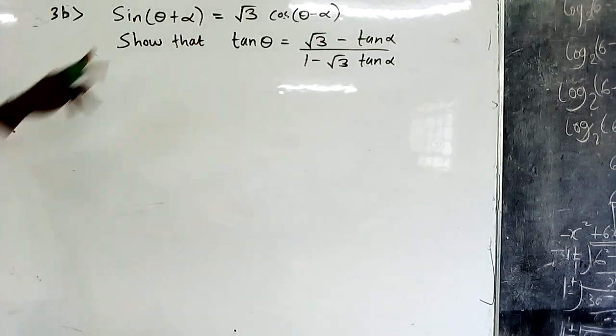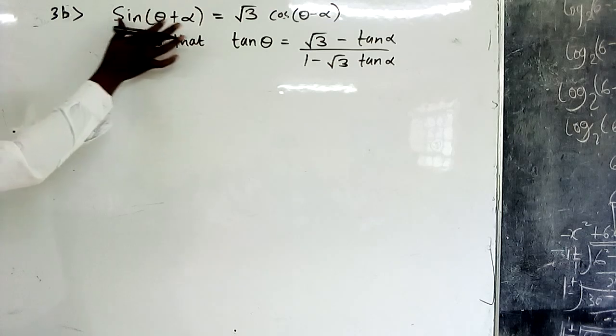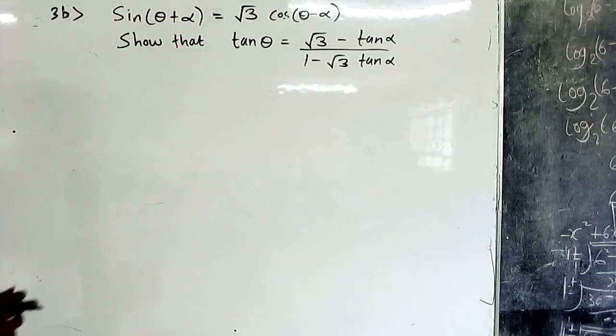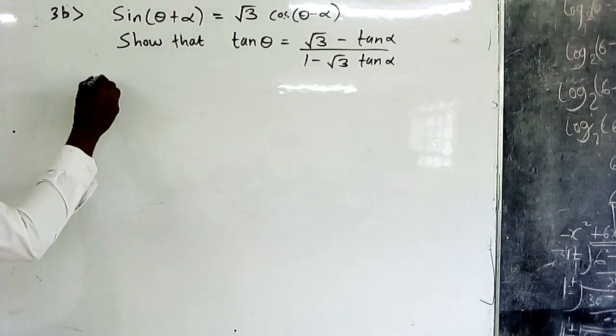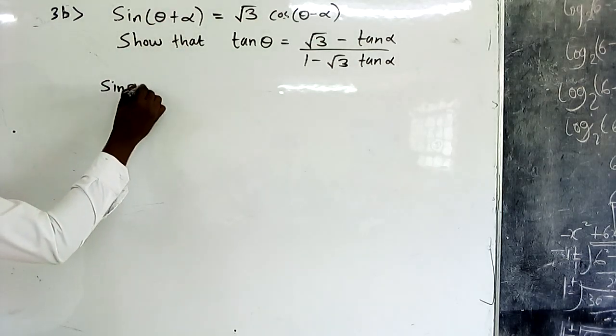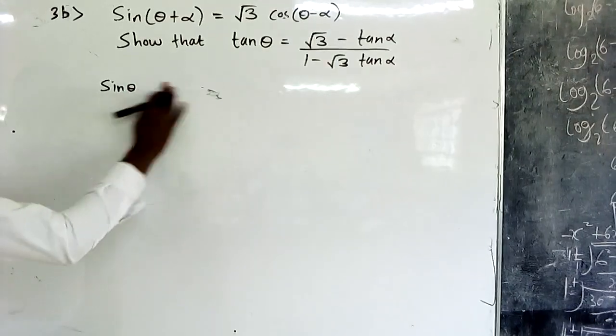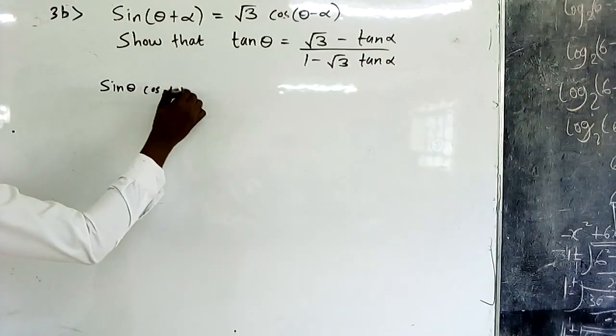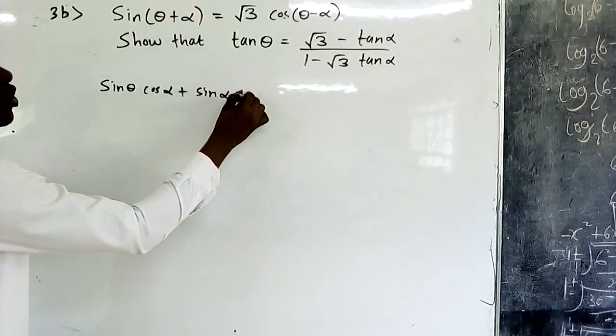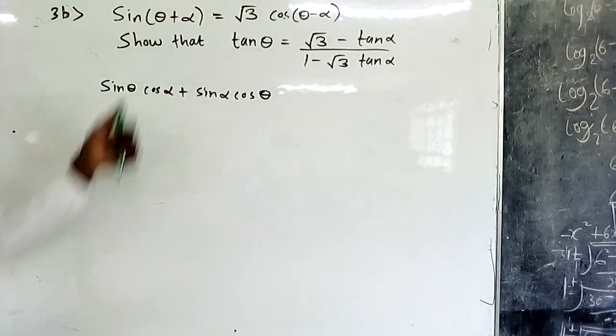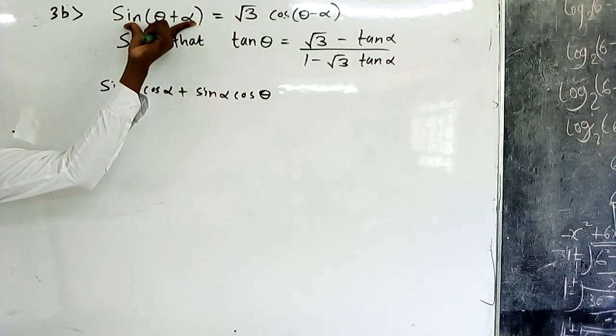So you start from this side of the equation, you have sin(θ + α). What is sin(θ + α)? That's a sine sum angle formula, isn't it? Sin(θ + α) is sin θ cos α plus sin α cos θ. You've expanded this side of the equation, right?